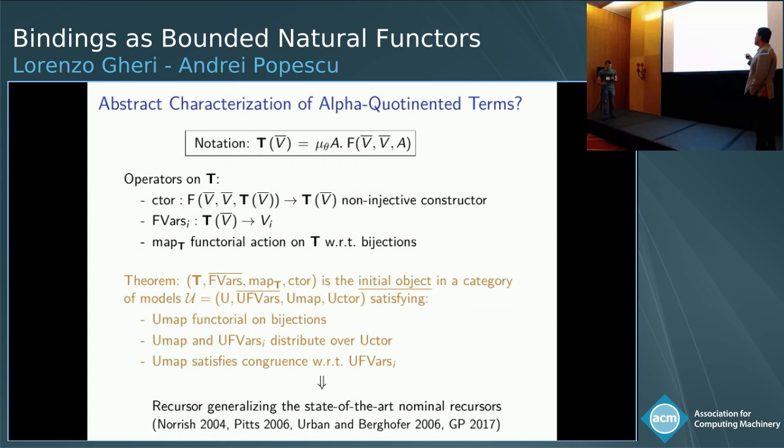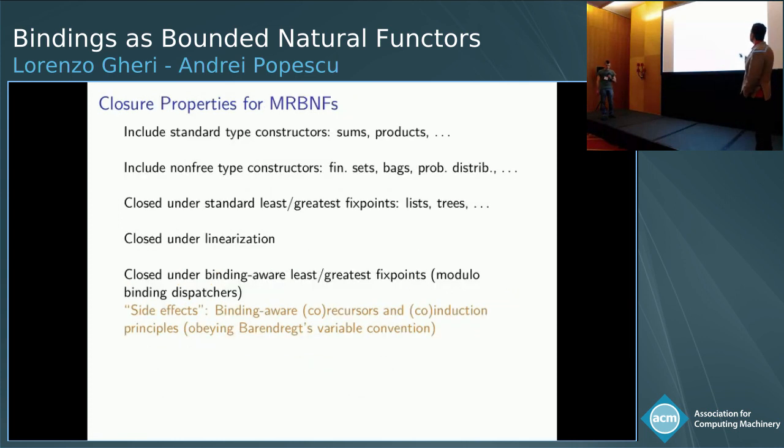So let me summarize what we have. We have this class of map-restricted bounded natural functors, or MRBNFs, or Mr. BNFs, if you want. They include the standard type constructors. They also have non-free type constructors that we can plug in, like finite sets, bags, even things that are not typically considered syntax, like probability distributions. And they are closed under the standard fixed point definitions.